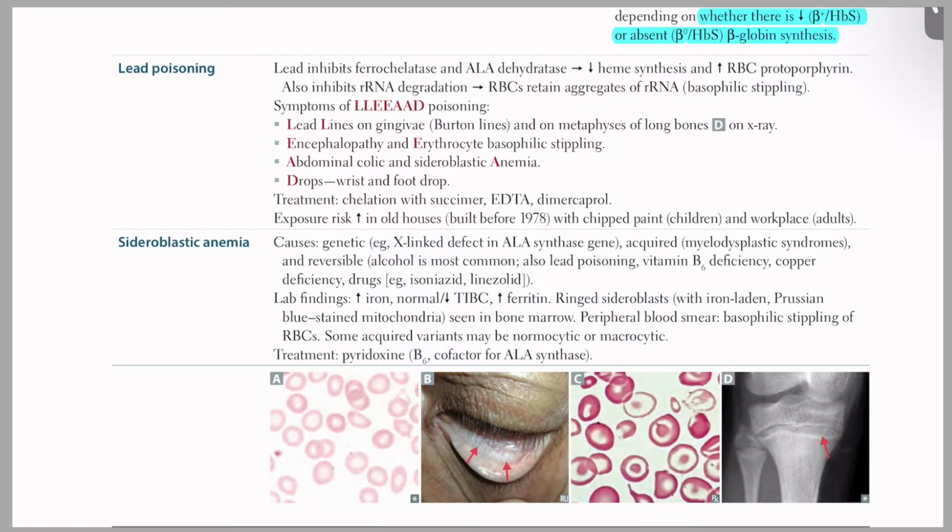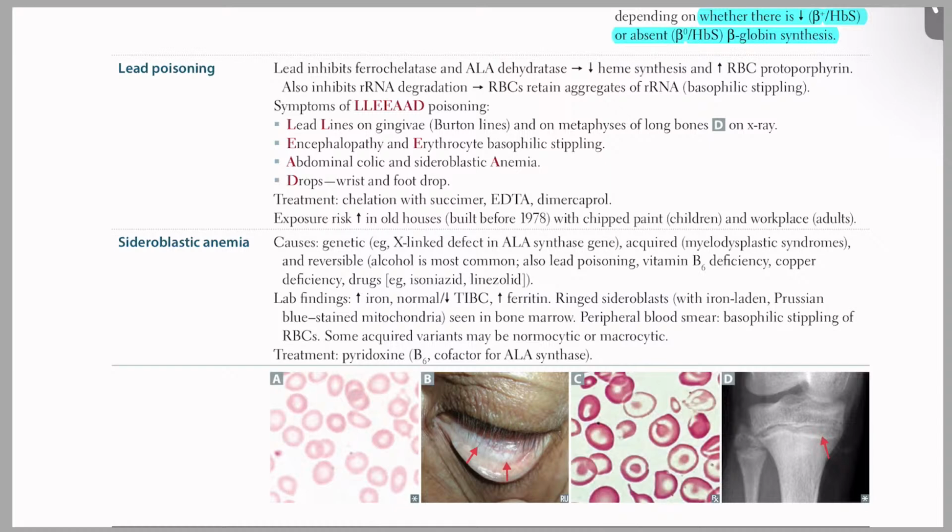Lab findings: increased iron, normal or decreased TIBC, increased ferritin, ringed sideroblasts with iron-laden mitochondria, Prussian blue stain, seen in bone marrow; peripheral blood smear, basophilic stippling of RBCs.